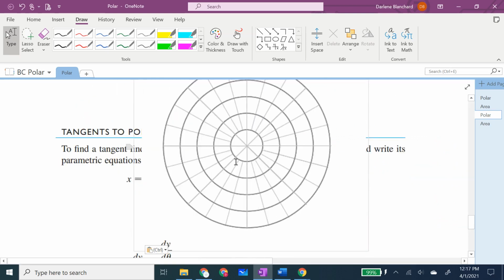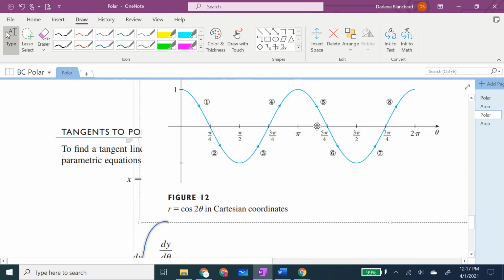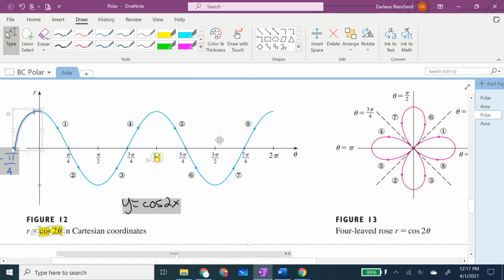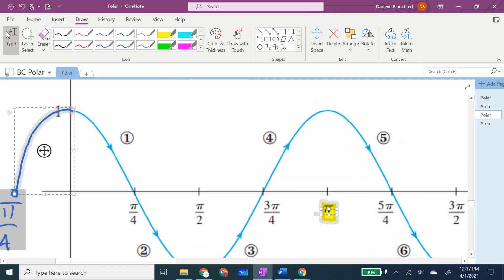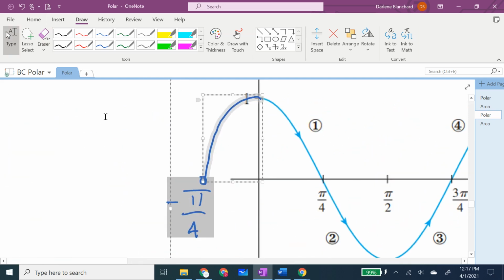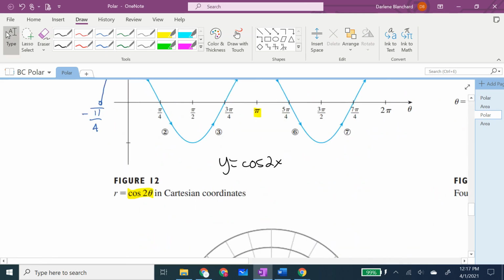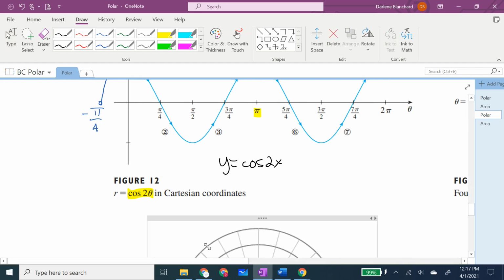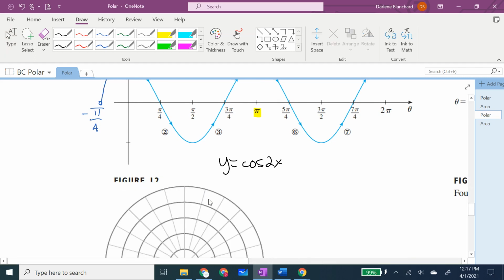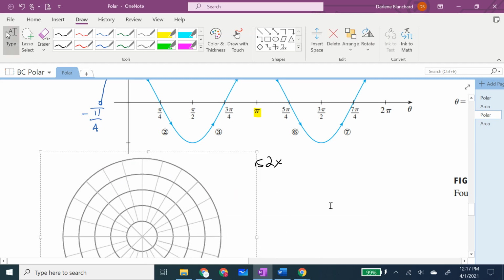Paste. Really? You pasted way over there. Now where'd it go? This isn't working out for me, is it? Okay. Oh, there it is. I'm going to shrink it a little bit and move it in.